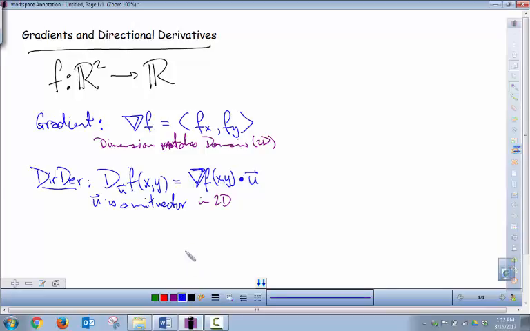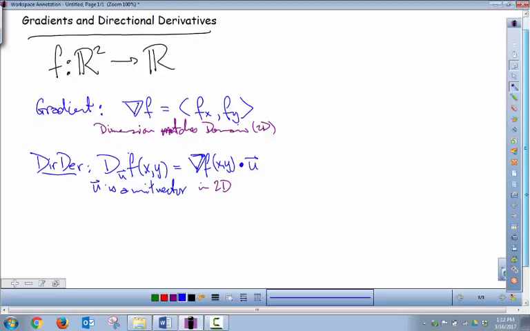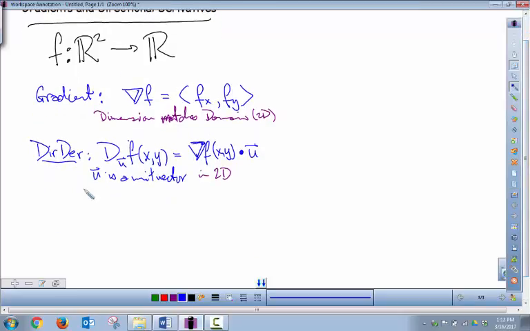And then we also found another important property of the gradient: the gradient is the direction of maximum increase.